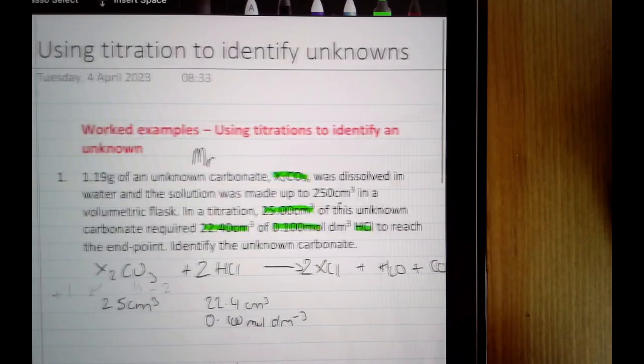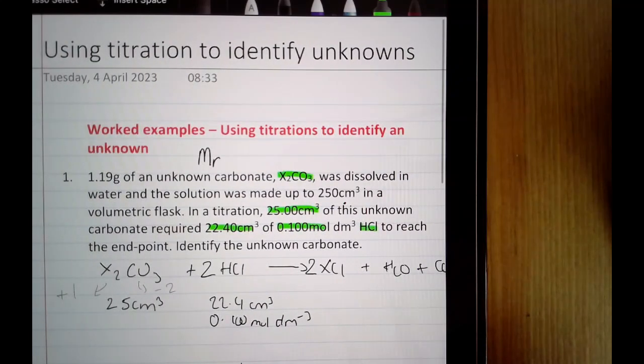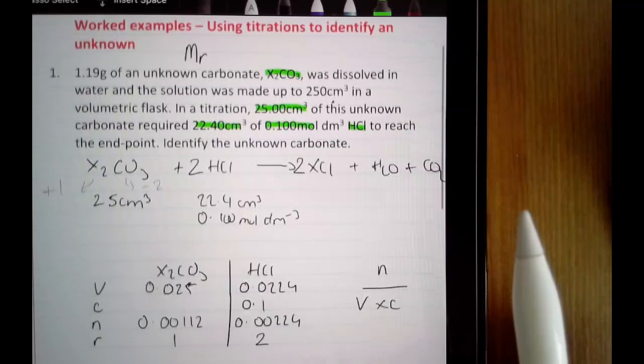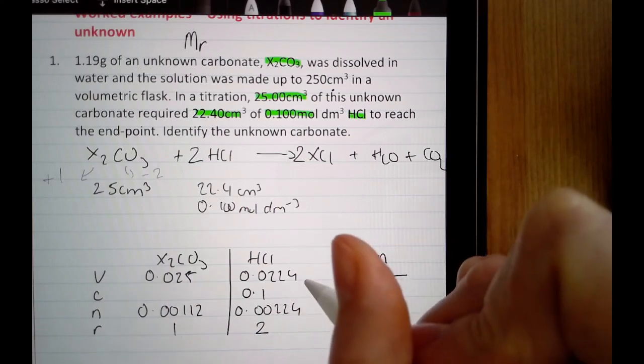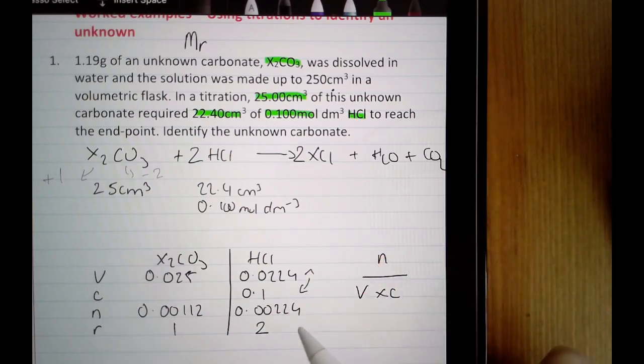So now that I've got my balanced chemical equation, and my volumes and my concentration picked out of the question, I can put all of this into my moles table, which I've done here. So I've filled in the volumes, first converting to decimetres cubed by dividing by 1000. I've got my volume, I've got my concentration, I multiply these two numbers together to work out my moles of HCl, and then I use the ratio from my balanced equation to work out the moles of my carbonate.